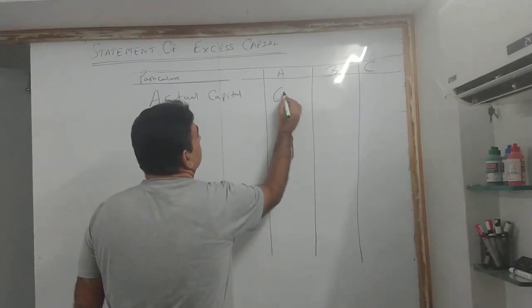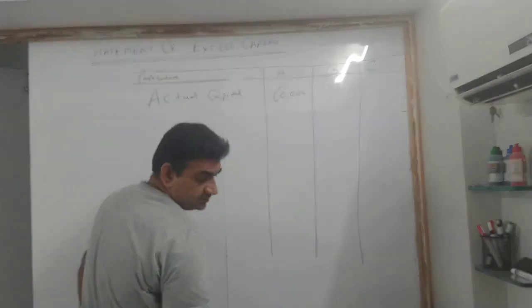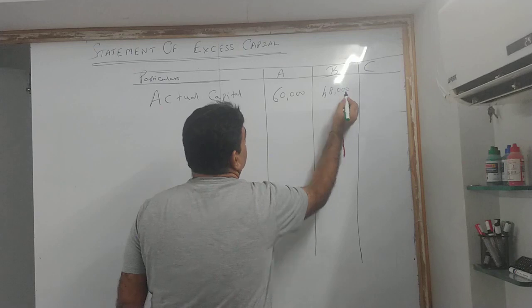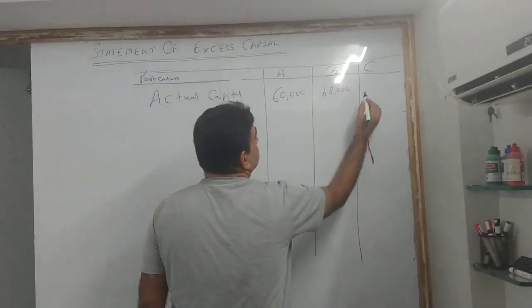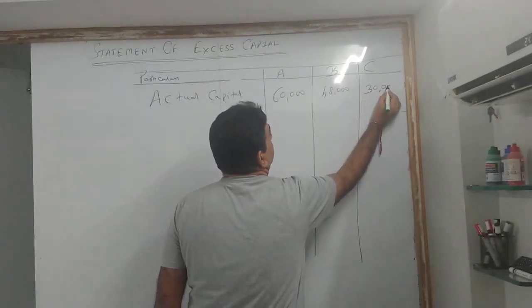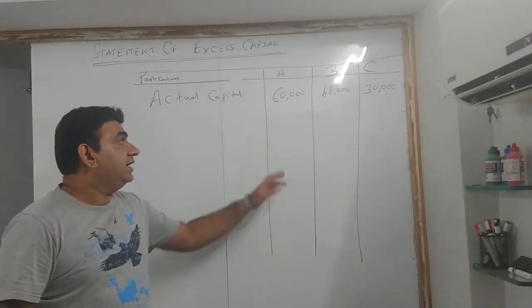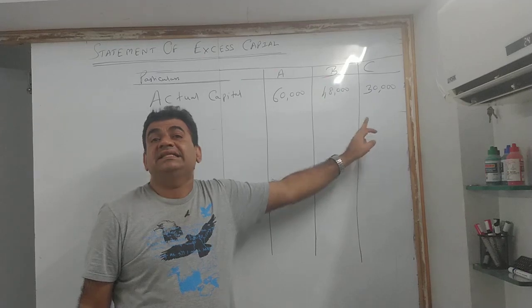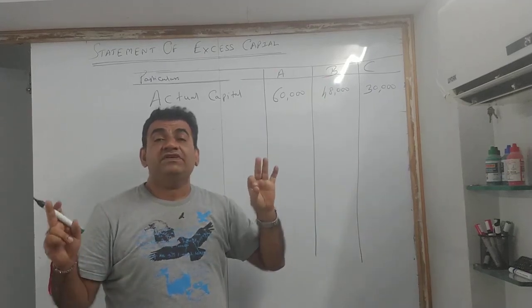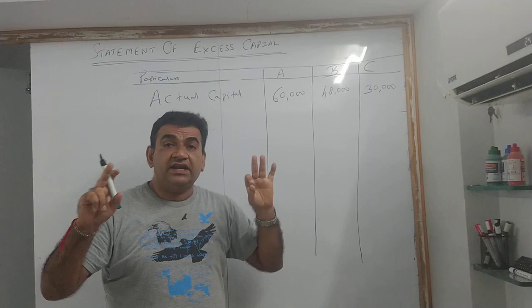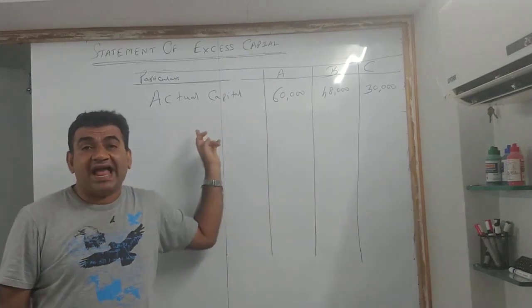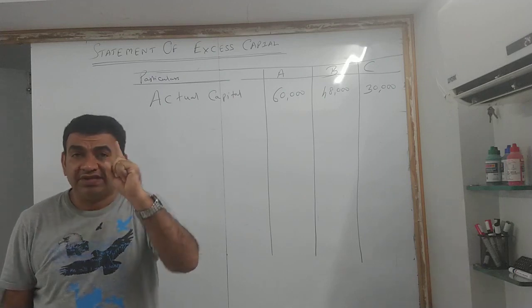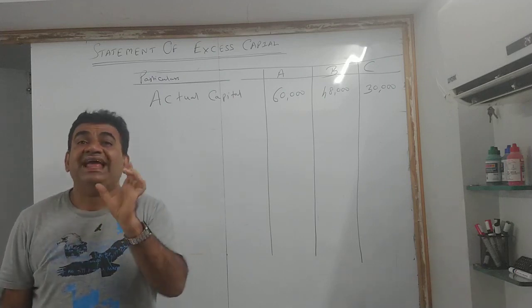A 60,000, B 48,000 and C 30,000. Okay? You will start with capital, and if there are no reserves and P&L, you start with actual capital. Now understand very carefully, see this video thoroughly. This is the base for the entire chapter.